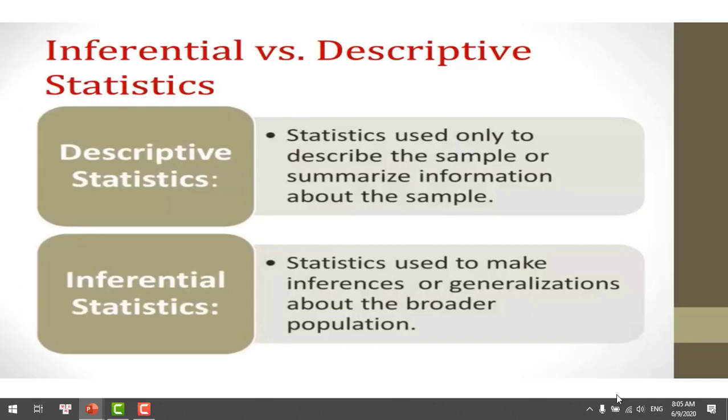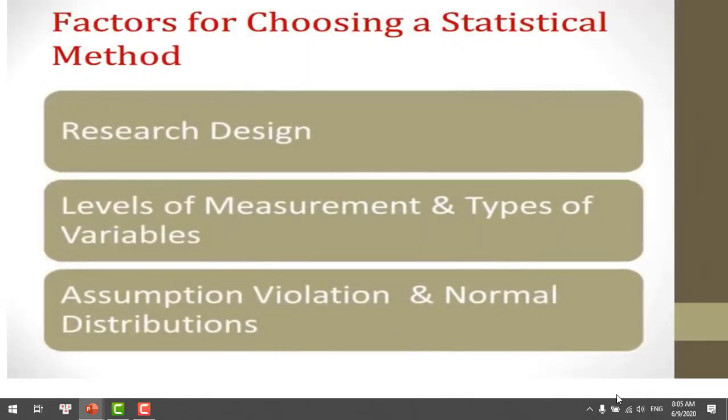So from our data, we expand the results to the whole population. We have three factors to consider when we do statistics. First, the research design, then the levels of measurement and types of variables, and finally we have to talk about the assumptions that we need to have.